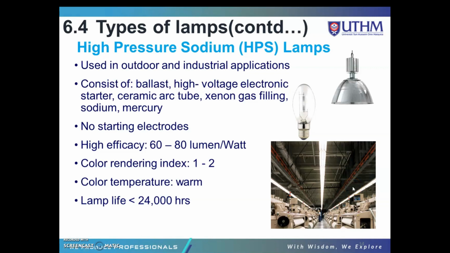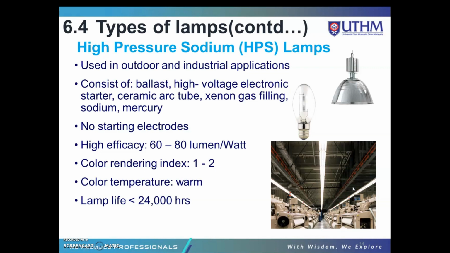Okay, then we have the high pressure sodium (HPS) lamps. This is one of the types of the HID lamps, the high intensity discharge lamps. Basically these HPS lamps are used in outdoor and industrial applications.